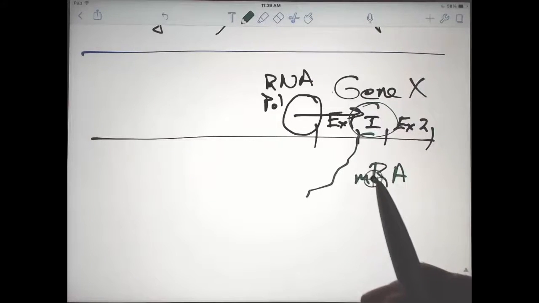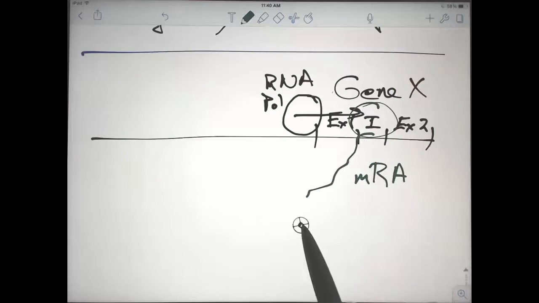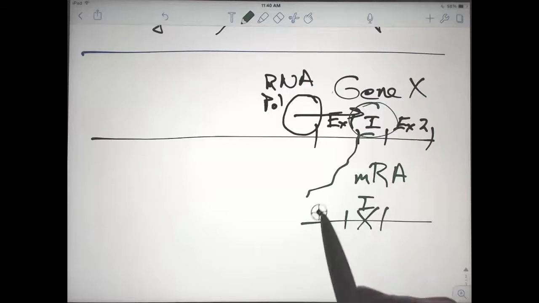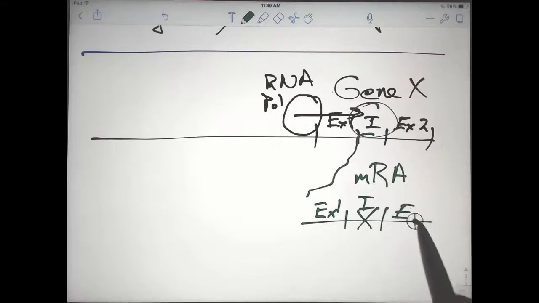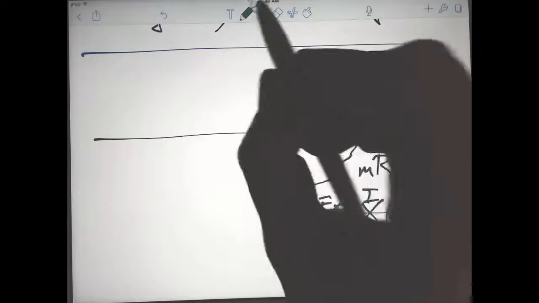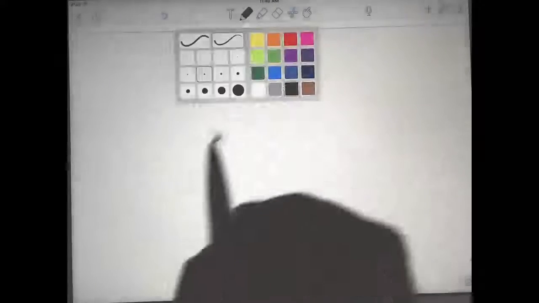Remember, A's and C's and U's and G's. And then that messenger RNA, once it's completed, the intron portion is removed. The exon portions are spliced together to make the strand of messenger RNA that is the final strand that will then be translated. Whether or not this happens depends upon the combination of transcription factors.